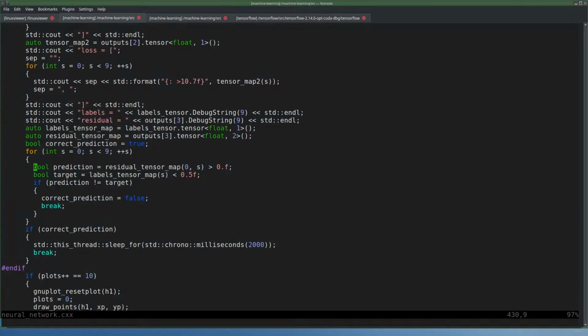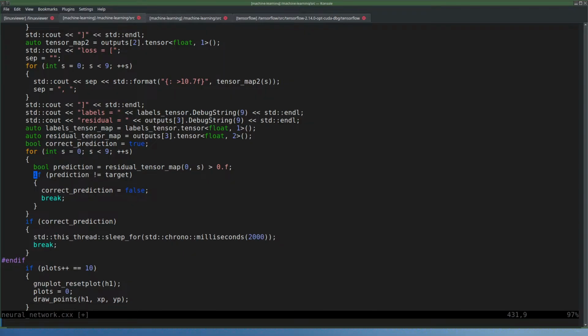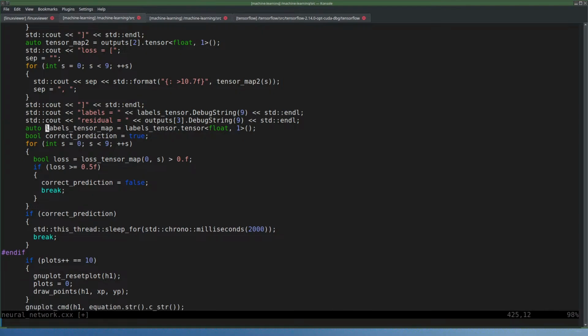That I don't even have to look at the target. I already have that tensor map for loss. That is tensor map 2.